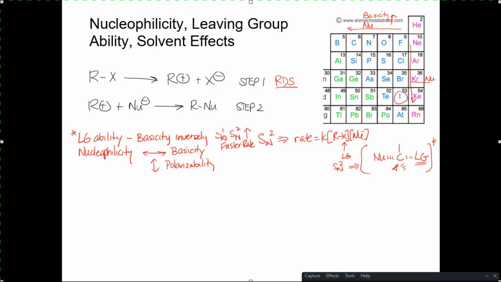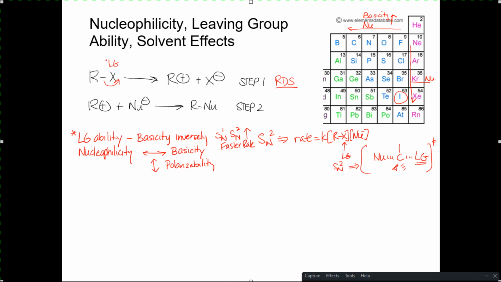Now I said here that for SN1 it would cause a faster rate. Well, let's come up here and take a look at this. So in this rate determining step, the alkyl halide, we break the carbon halogen bond and make the carbocation. So is this leaving group part of the rate determining step?